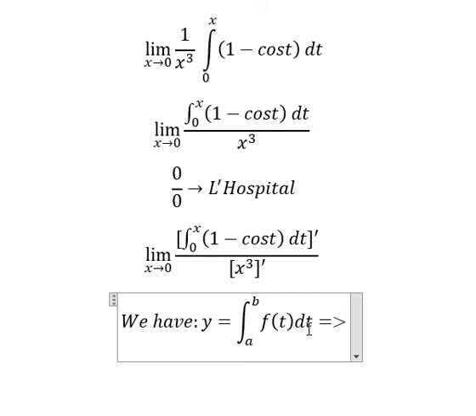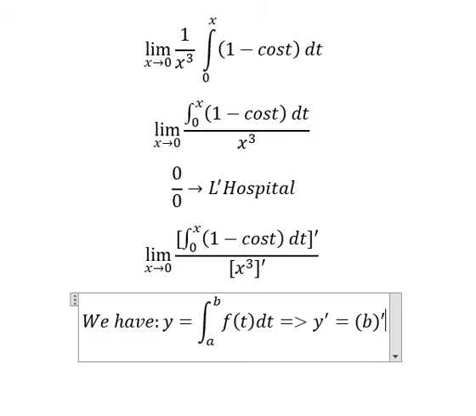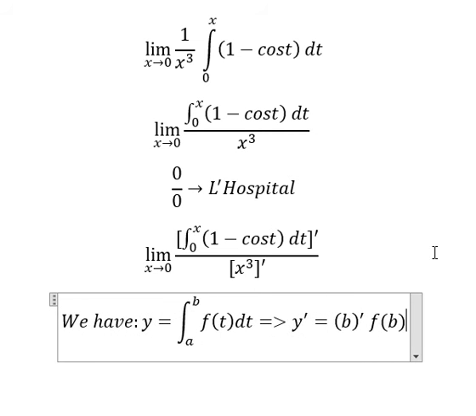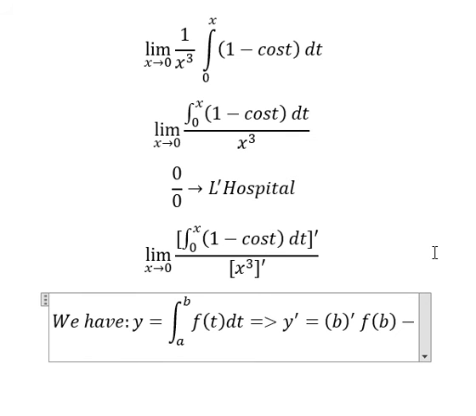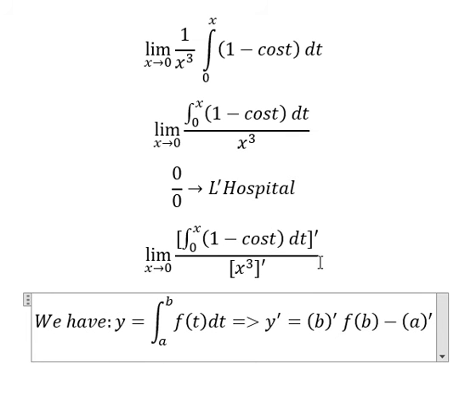If we do the first derivative of y, so we do the first derivative of b, and the value of b we change for t, minus we do the first derivative of a, and the value of a we change for t.